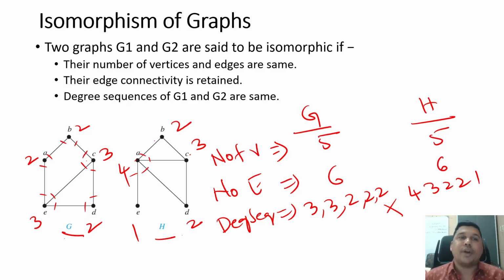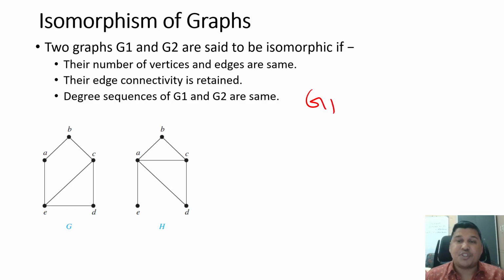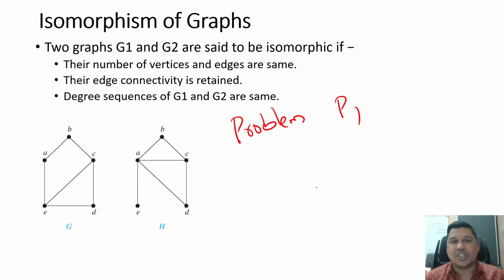Now, why do we have to study this isomorphism? Let us go back to our basic understanding of graphs. There is some general problem, P1. Maybe the campus example where you have to place fire stations could be one.